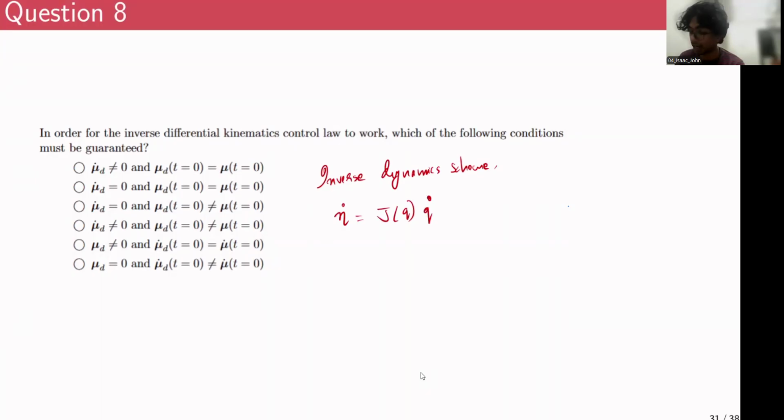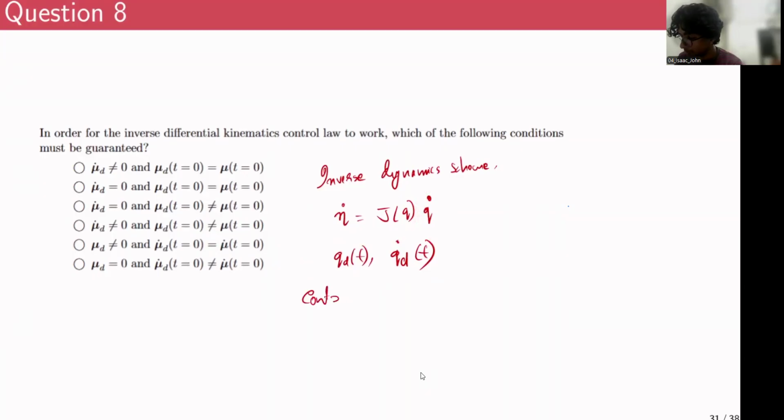For the controller to track a desired trajectory, q desired of t and q desired dot of t, what we have to do is plug these coordinates into this equation and find out the control input.